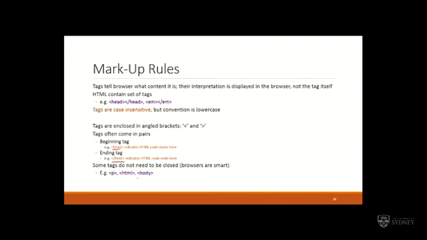HTML and body, while you should close them, if you don't, the browser will realize we've come to the end of the document and close the body and then the HTML tag. While it's not good practice to omit the close tags, for many tags the browser will work out what you meant anyway, and some tags, such as P, don't need a close tag.